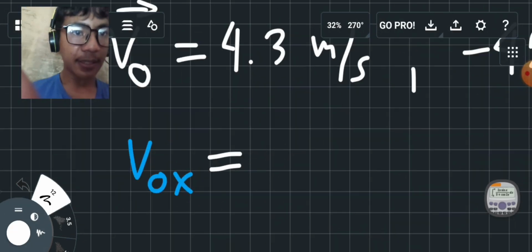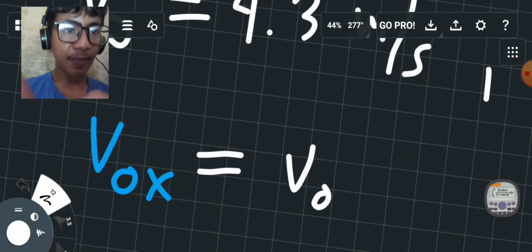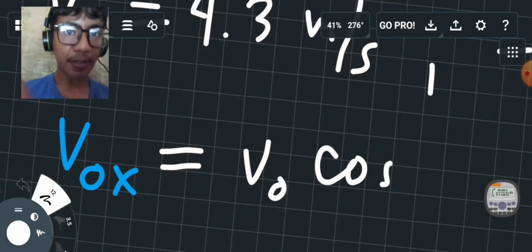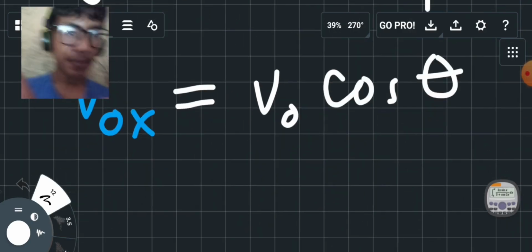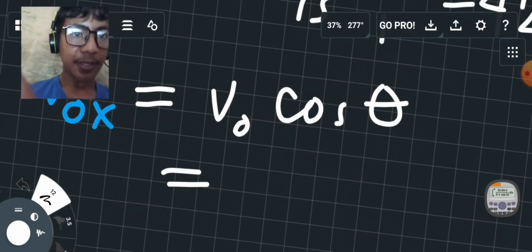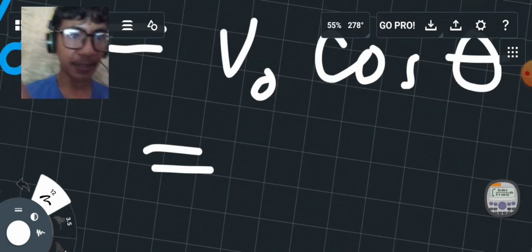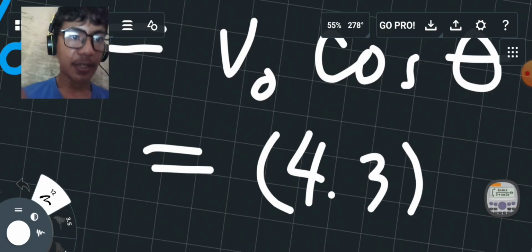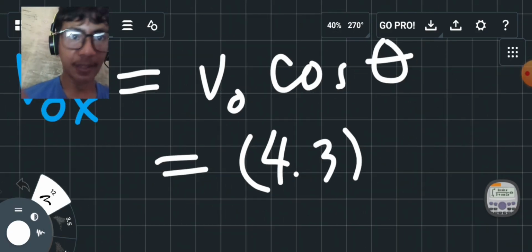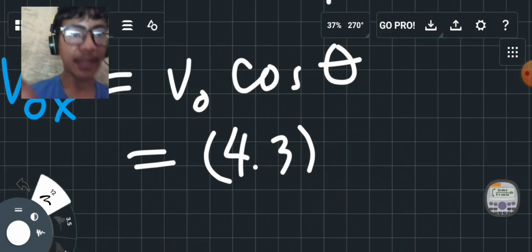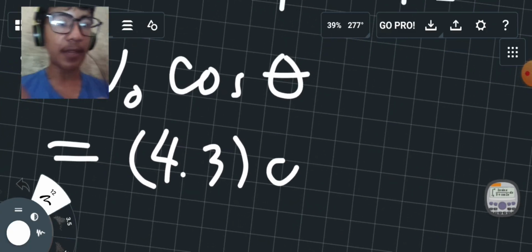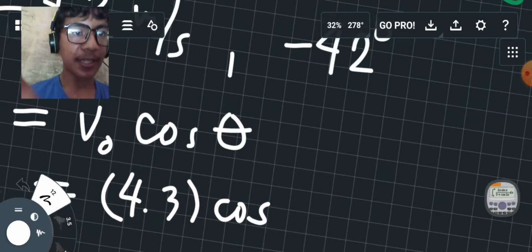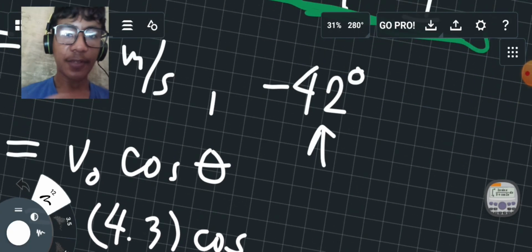That is given by v naught times cosine of the angle. Okay, so what is v naught? Well, that's the initial velocity, the magnitude of it, which is 4.3. As a disclaimer, I will be omitting units to save time in writing. Now, multiply that by the cosine of the angle, which is negative 42 degrees.